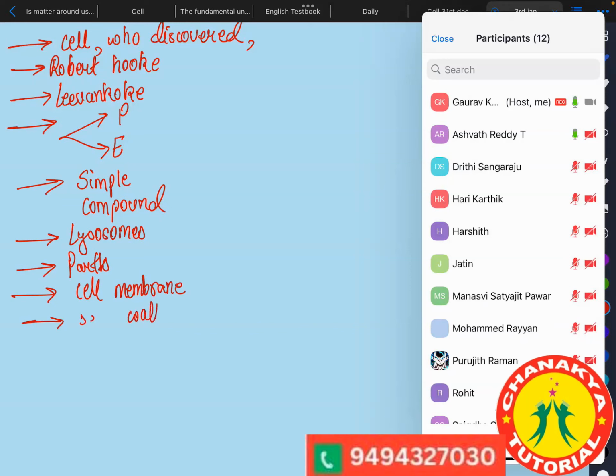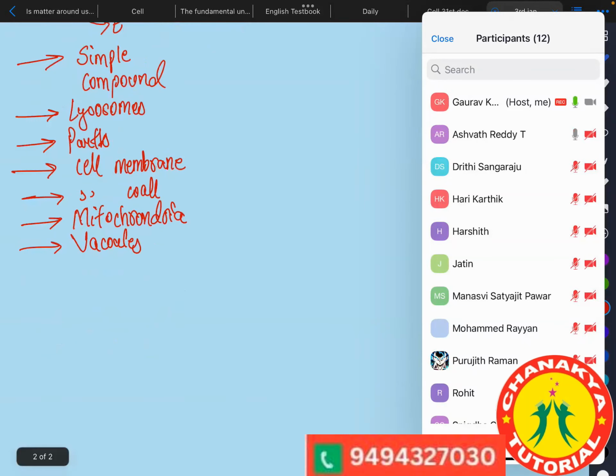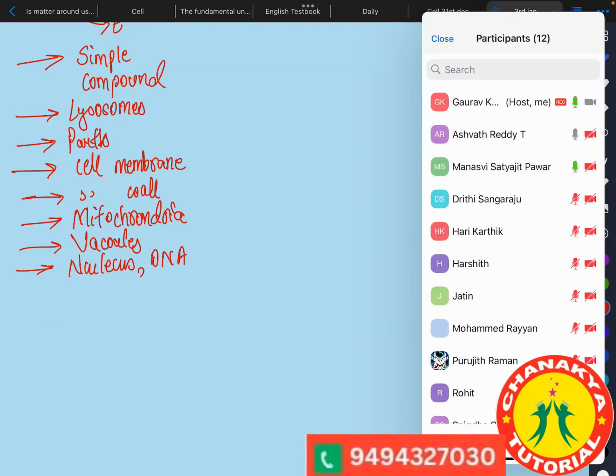The powerhouse, which is the mitochondria. We have seen vacuoles. Nucleus, we haven't gone much into it, but yes, we have seen the nucleus. We have seen DNA. And Golgi bodies.